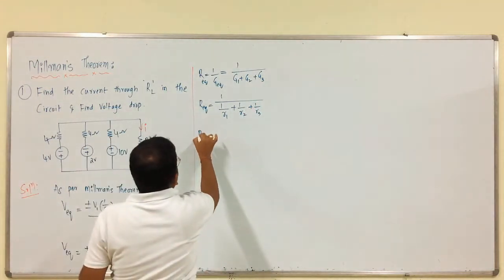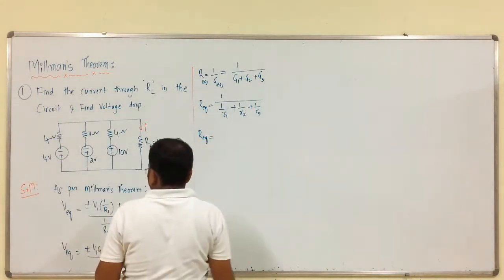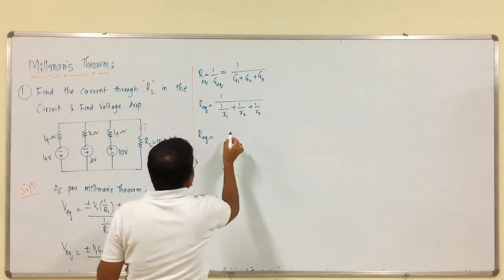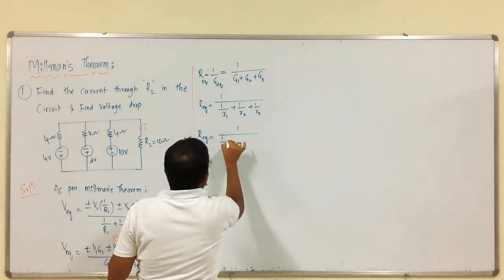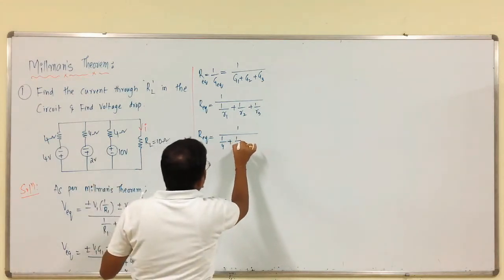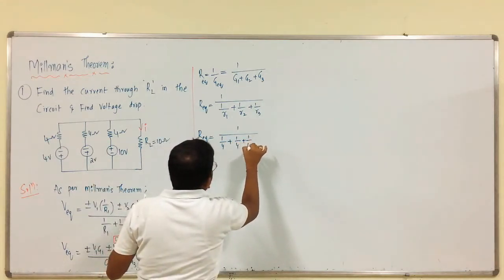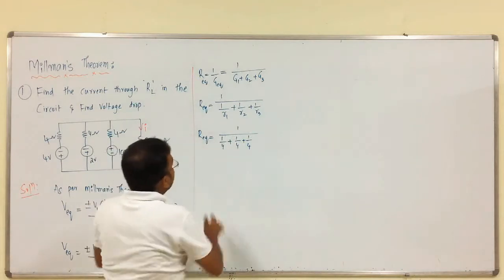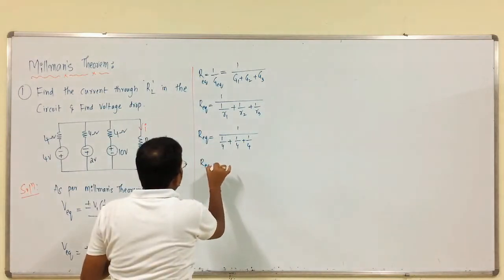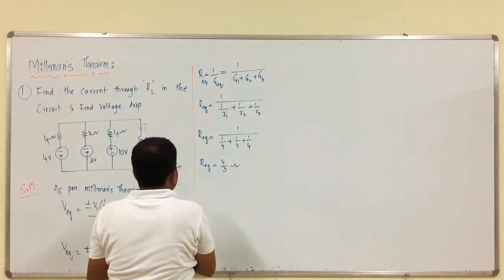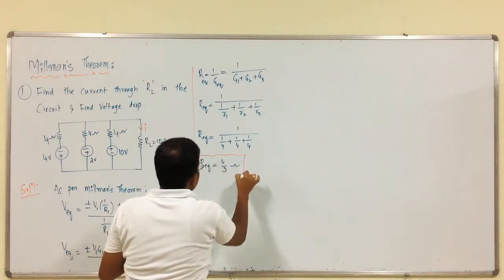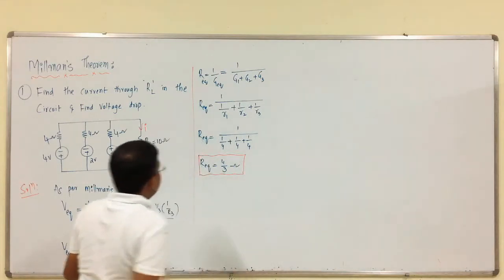So, from this R equivalent is equal to 1 by 1 by 4 plus 1 by 4 plus 1 by 4, that is 1 by 3 by 4. Therefore, R equivalent is equal to 4 by 3 ohms, clear. So, we have R equivalent.